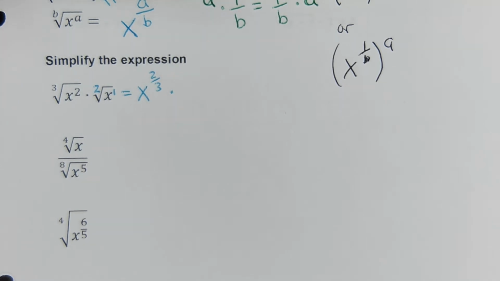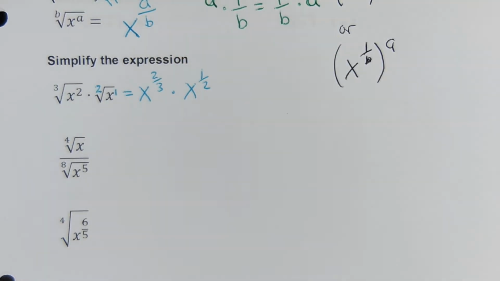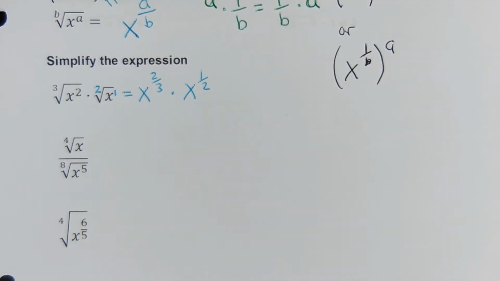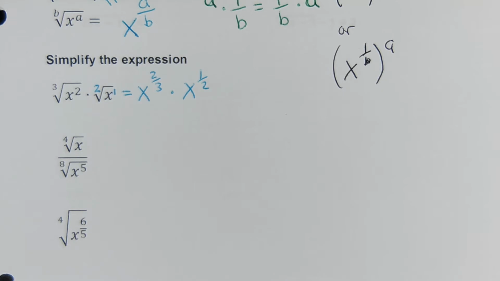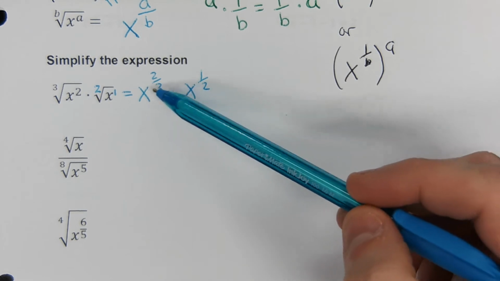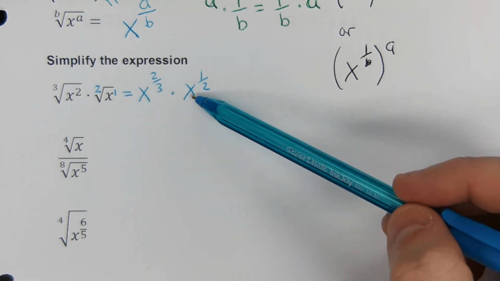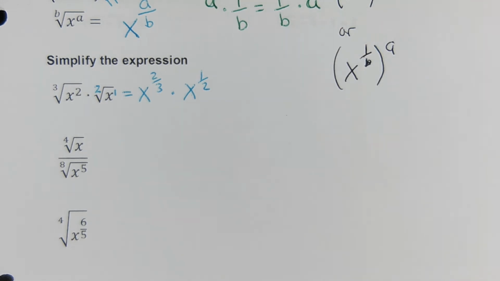Well, I mean, it is a 1 if it's not written. So this is what that's telling us to do. It's telling us to multiply x to the 2/3 and x to the 1/2. Now thinking back to last week, on Monday and Tuesday, we practiced our basic Algebra 1 exponent rules. When you multiply two numbers with the same base, what do you have to do with the exponents? I'm sorry? You need to add them.